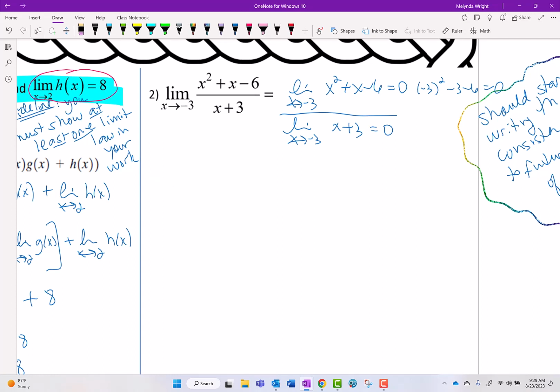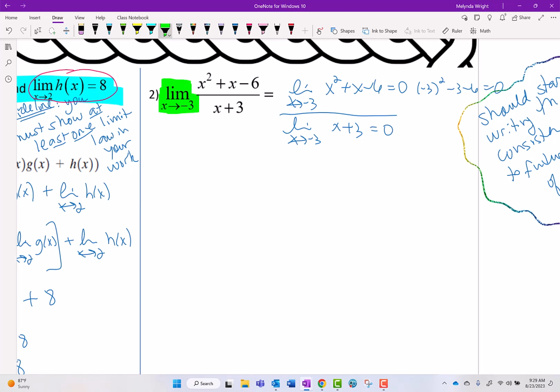By the way, I have students who like to conserve energy. You know what that means? They don't want to write very much. Just saying, this little guy right here is critical until you take the limit. You have to keep carrying him around.